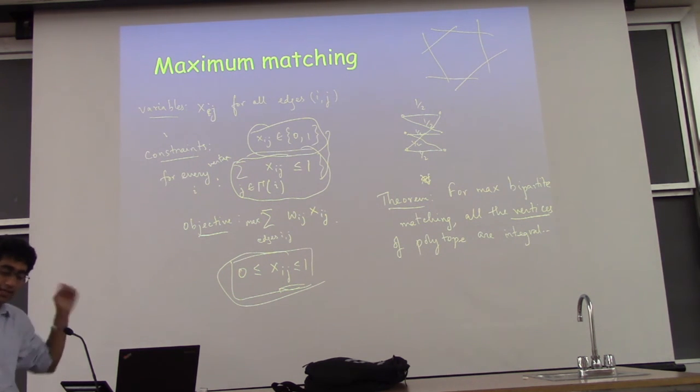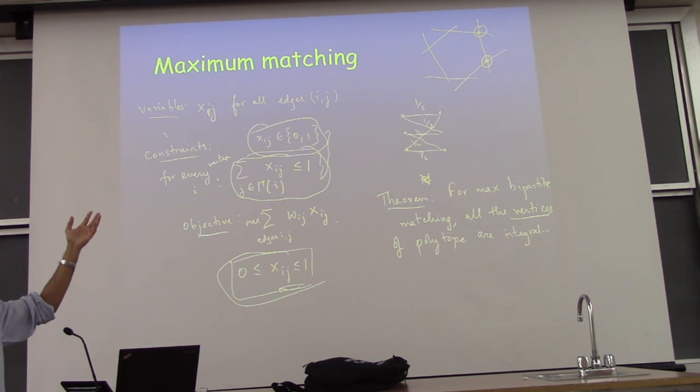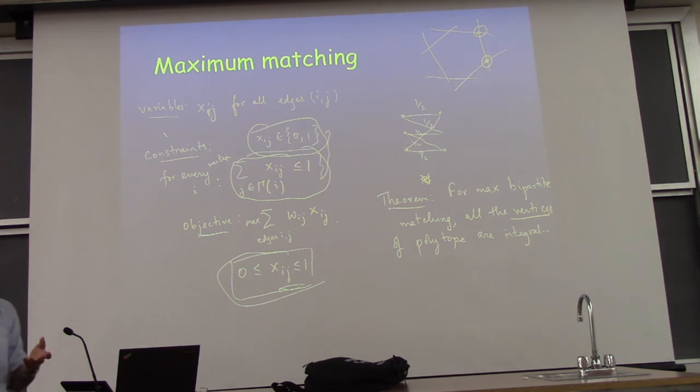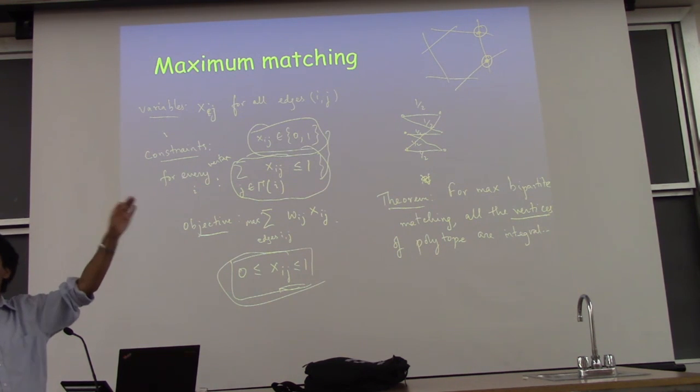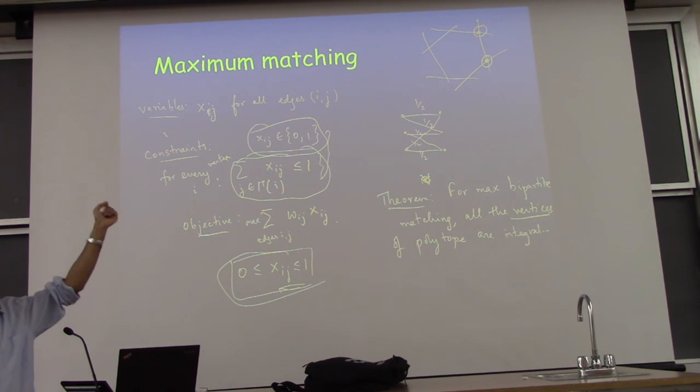But the theorem says that every corner point of this polytope has only integer coordinates. Okay. And this is a pretty surprising thing if you haven't seen it before, because why would you expect every corner point to be integer, right? And this is why you can solve max bipartite matching using linear programming, because you know that every corner point is integral. And you always just find corner points when you solve using the simplex method or most other methods.